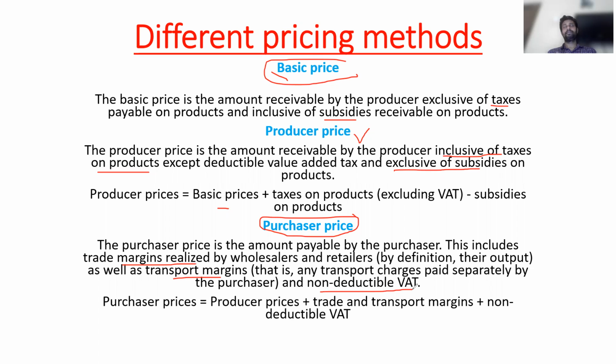But final consumers have no way to deduct such VAT. Finally, the purchaser's price is the producer's price plus trade and transport margin and non-deductible VAT. All the things are included here. Simply, from basic price to purchaser's price, all the taxes are included, all the subsidies are excluded, plus profit margin, transportation charges, taxes on imports, everything is included. These are the three types of pricing methods.